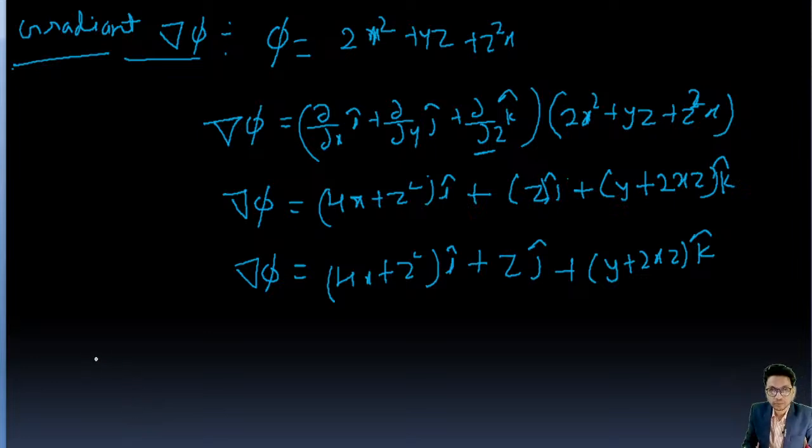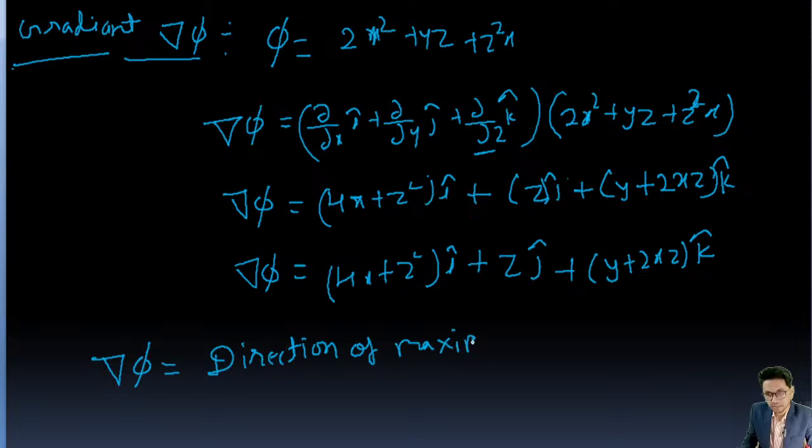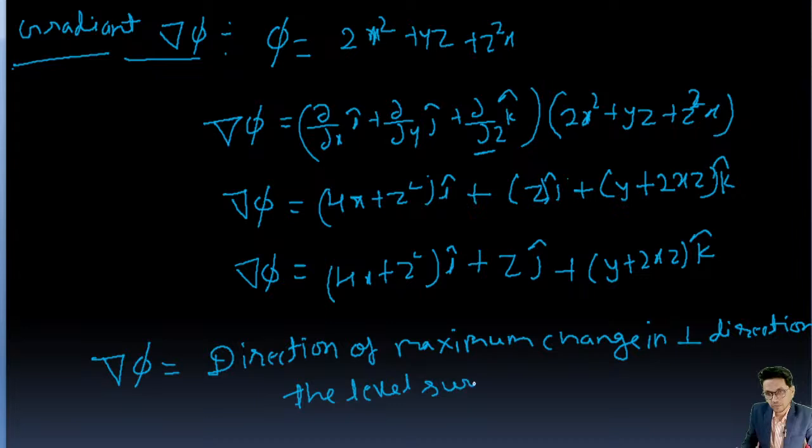So gradient of phi, the physical meaning of it, is the direction of maximum change, in the perpendicular direction to the level surface.